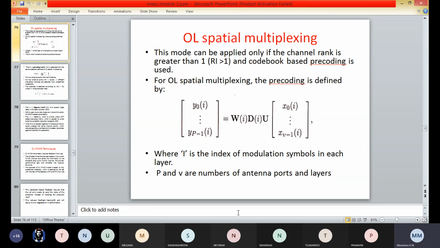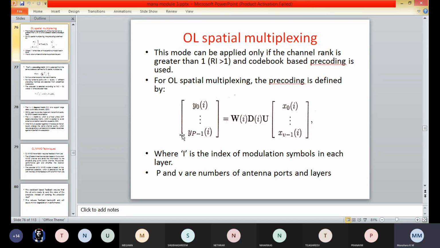So here in the OL open loop spatial multiplexing, this mode can be applied only if the channel rank is greater than 1. So here the codebook based precoding is used.